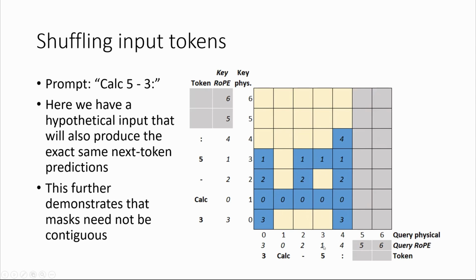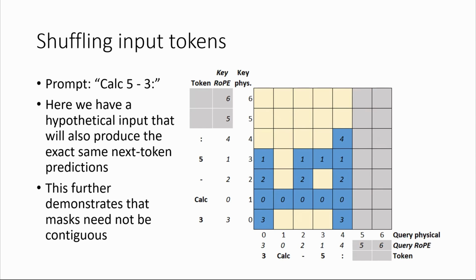My assertion is that this very bizarre permuted matrix, which by the way is no longer lower triangular, with a couple of entries above the diagonal, doesn't make sense if you think autoregressive means you can only see to your left.